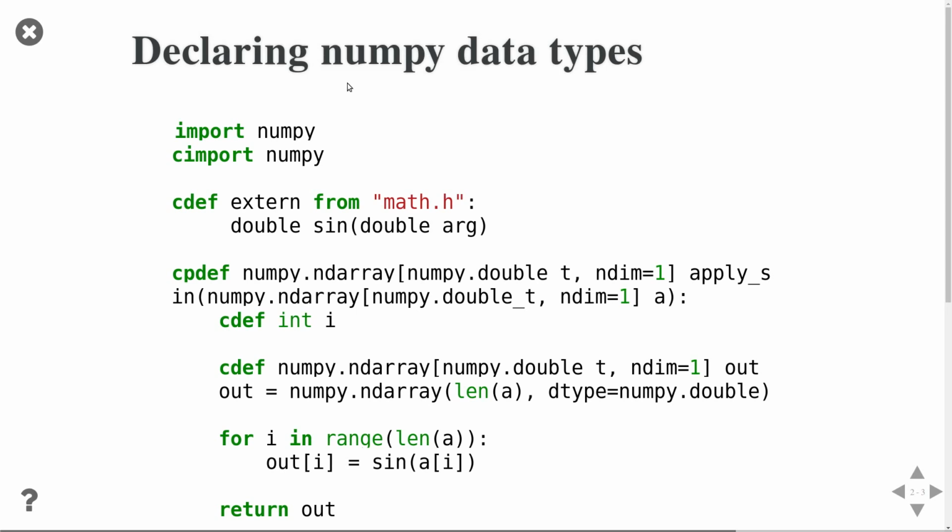You can see that it takes in an array A, an ndarray of type double, one-dimensional. The output will also be an ndarray of type double with one dimension. Then I create an integer, and I create the output array exactly the same way. And then the actual loop down here is unchanged.